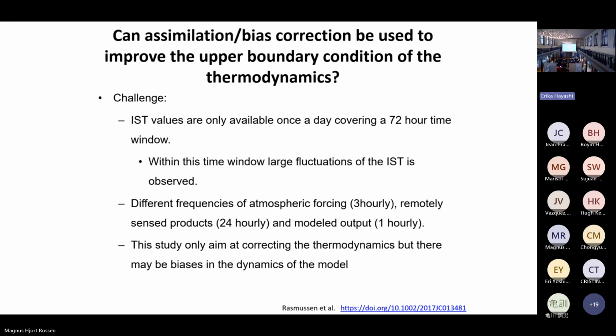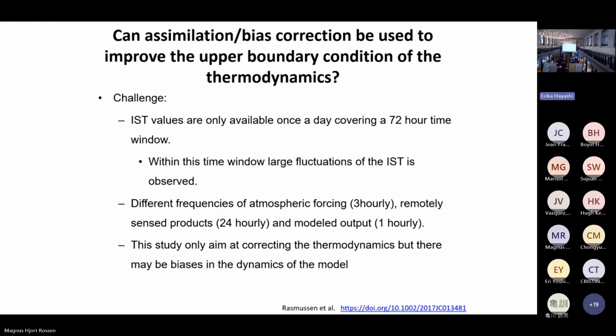Some of the challenges here are that the ice surface temperatures are only valid daily as a 72-hour mean, at least in the experiment that I got at the time. And that, of course, covers some of the variation that was seen in one of the first plots where we had the highly variable surface temperatures. So we need to do something about this.